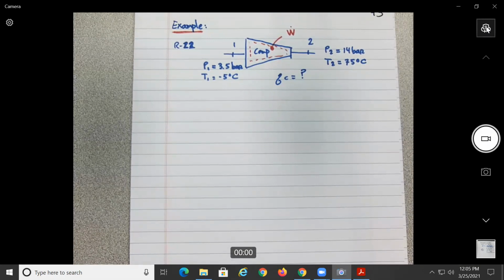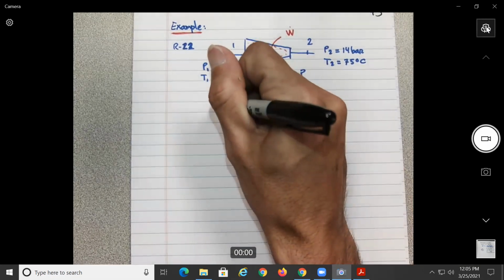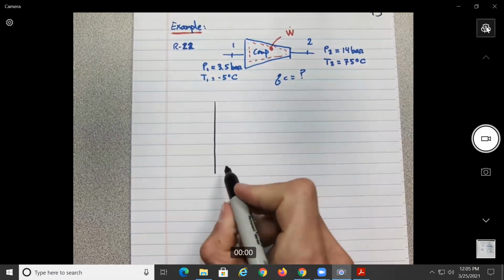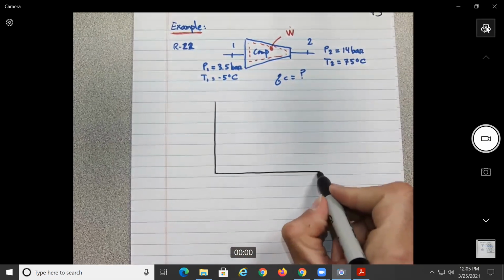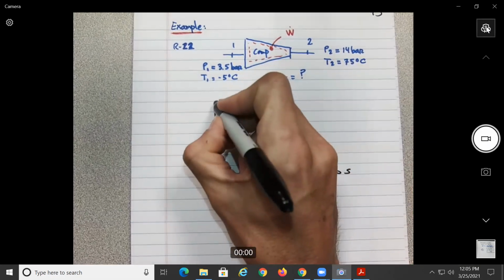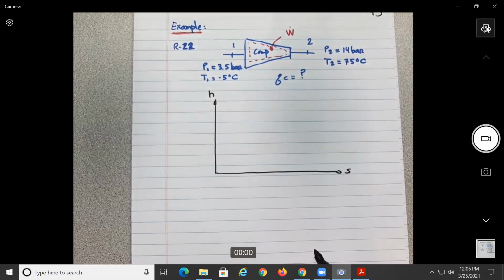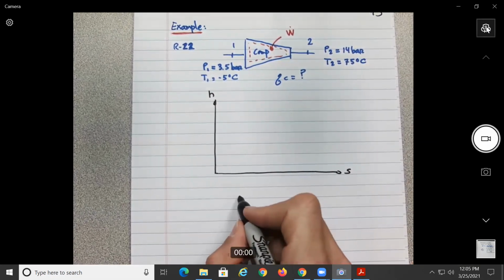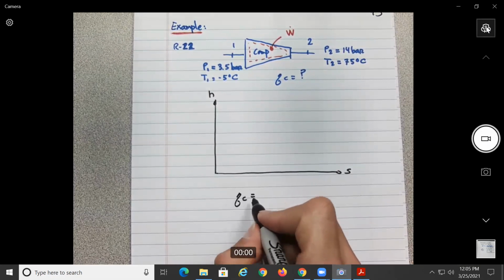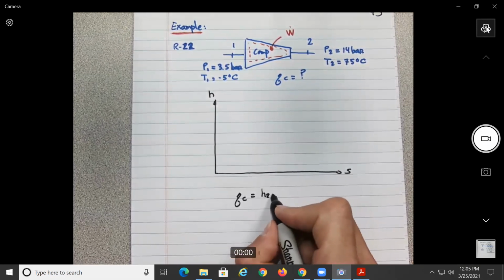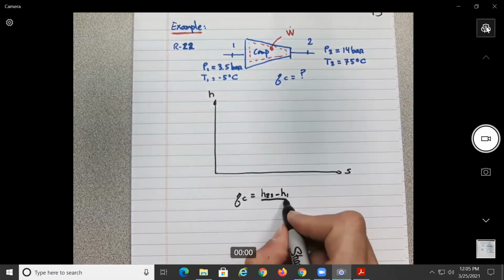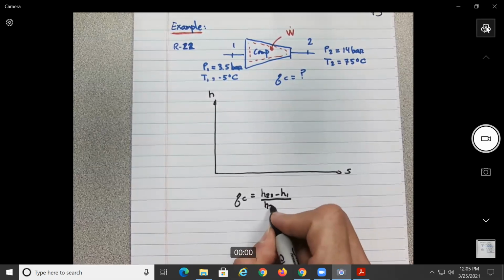Okay, so very quick, let's just redo exactly the same two figures that we did. Hopefully I won't do the mistake anymore. So we have this one. And maybe before, let me remind the equation for the efficiency of the compressor: it will be H2S minus H1 divided by H2 minus H1, okay?